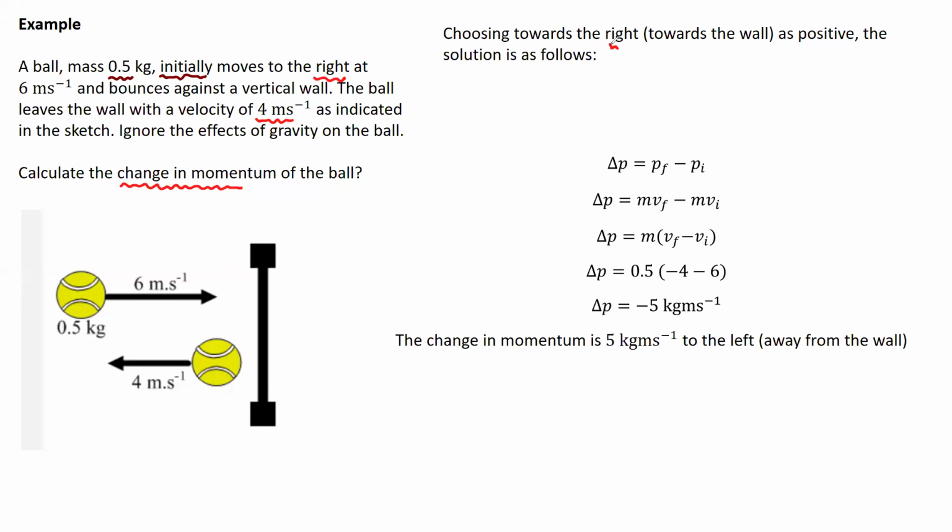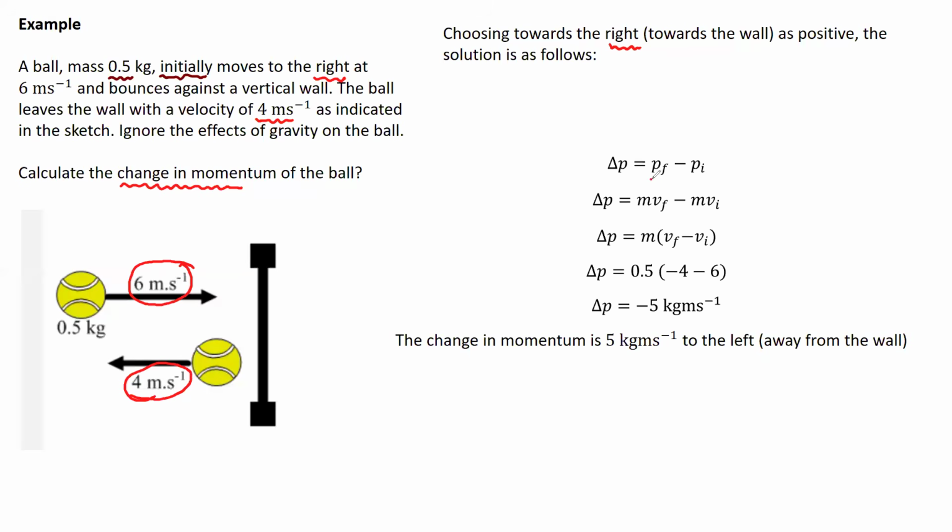So you write it down so that the examiner knows which direction you have concluded to be positive. To the right as positive would mean, therefore, this velocity of 6 meters per second is positive, while this velocity of 4 meters per second is negative because it's moving to the left.